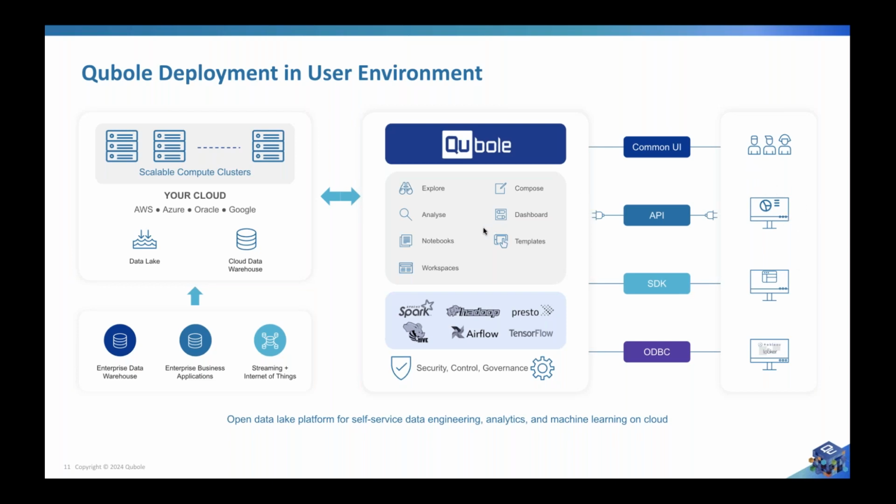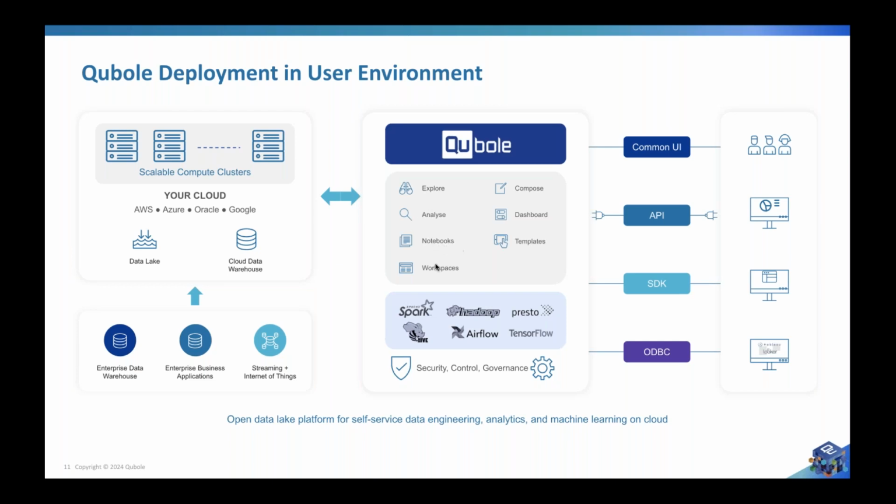I'll just talk about the middle layer, which is the Qbol control plane, which is more like software as a service. You will have, as I spoke on the first slide, who uses the Qbol data platform. So we have tools which are available for each of the different types of users.